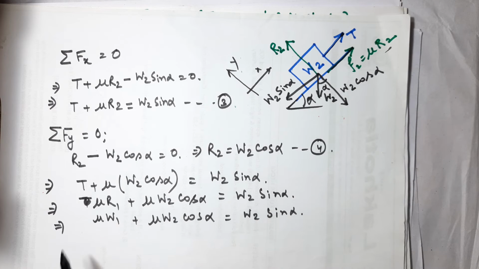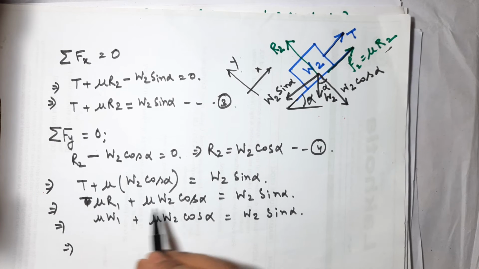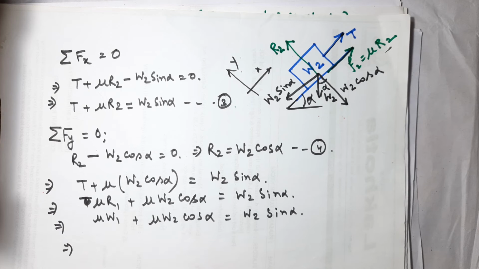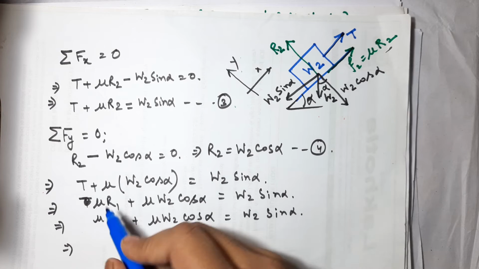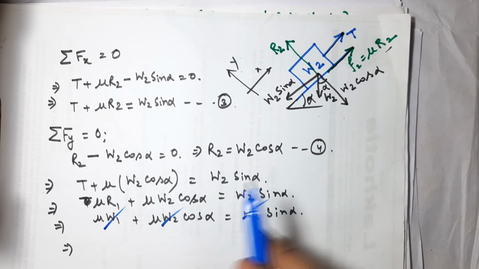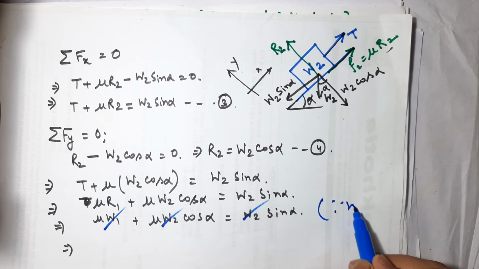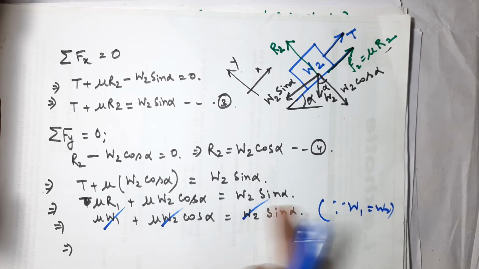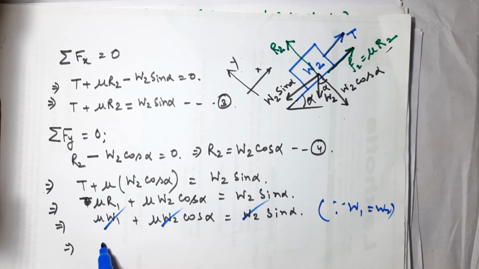So all these weights cancel, because W1 and W2 are both equal.